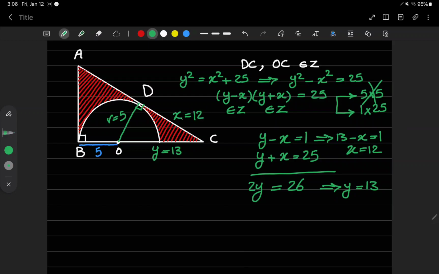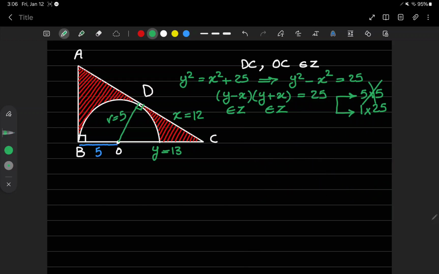So now we have Y and we have X. Let's see how we can calculate AB. We need this because eventually we need to calculate the area of the entire triangle, and we need to remove the area here, and that means the red area. To calculate AB, we know that the triangle ABC is similar to ODC.